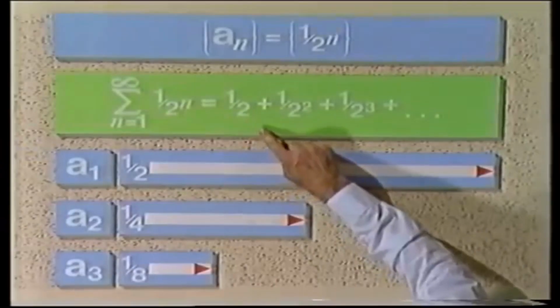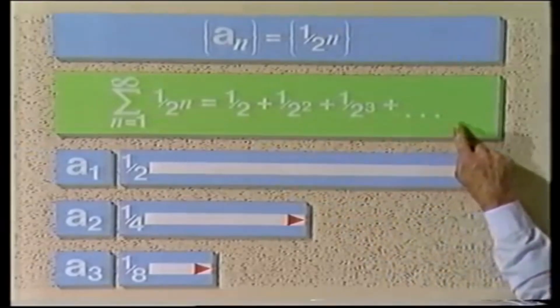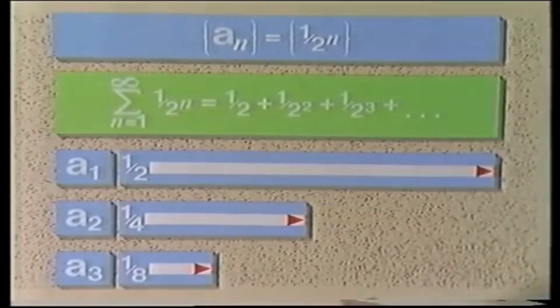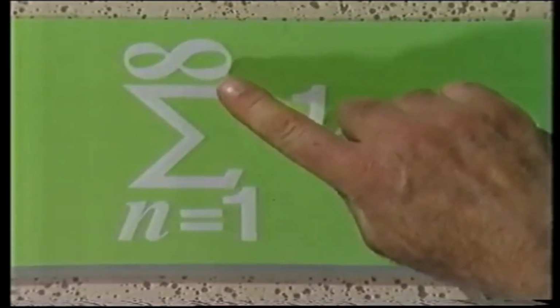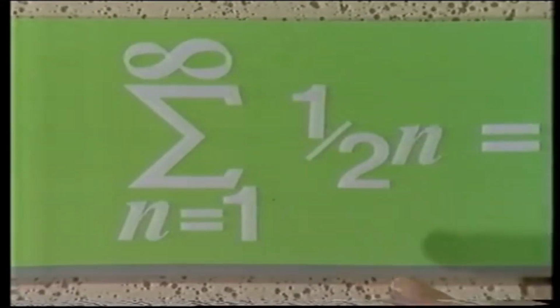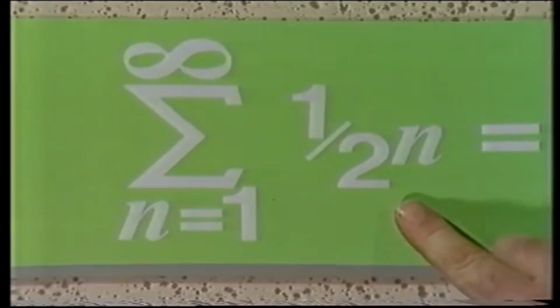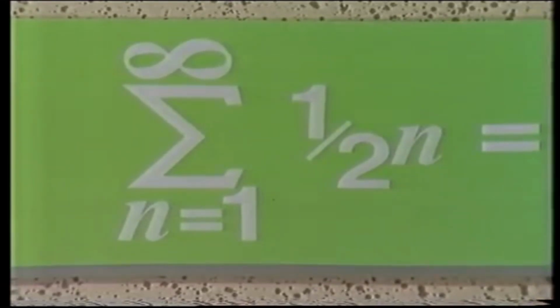But really what you want when you're working with series is to see whether you can add up all the terms like these. And that can be expressed like this, where the symbol for infinity is used here to indicate that you're adding up all the terms of the form 1 over 2 to the n, starting from n equals 1.